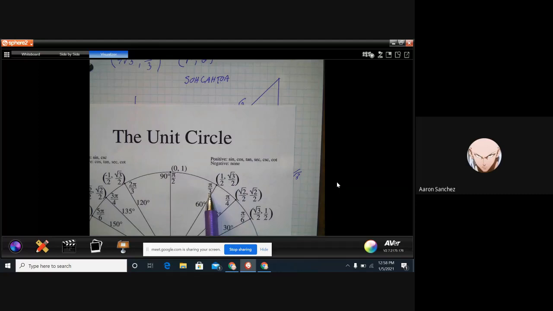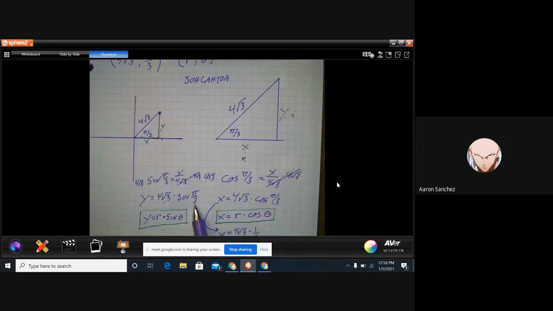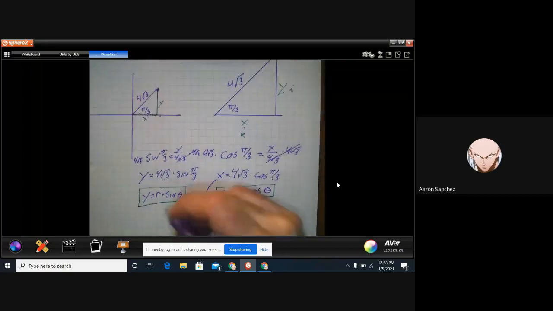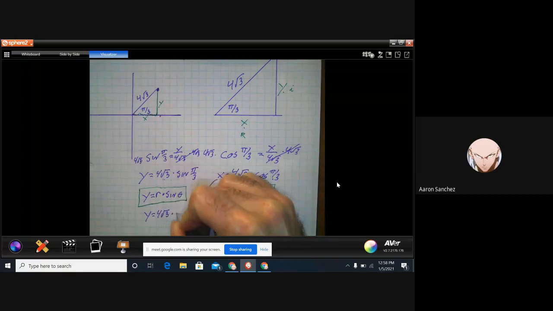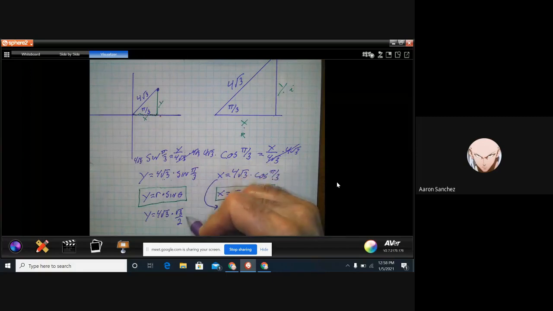So sine pi over 3 is equal to root 3 over 2. So y equals 4 root 3 times root 3 over 2.